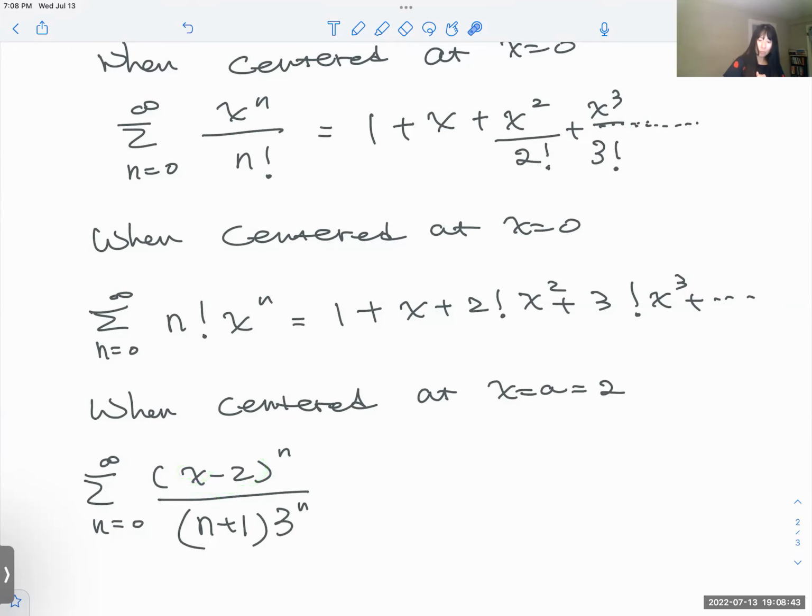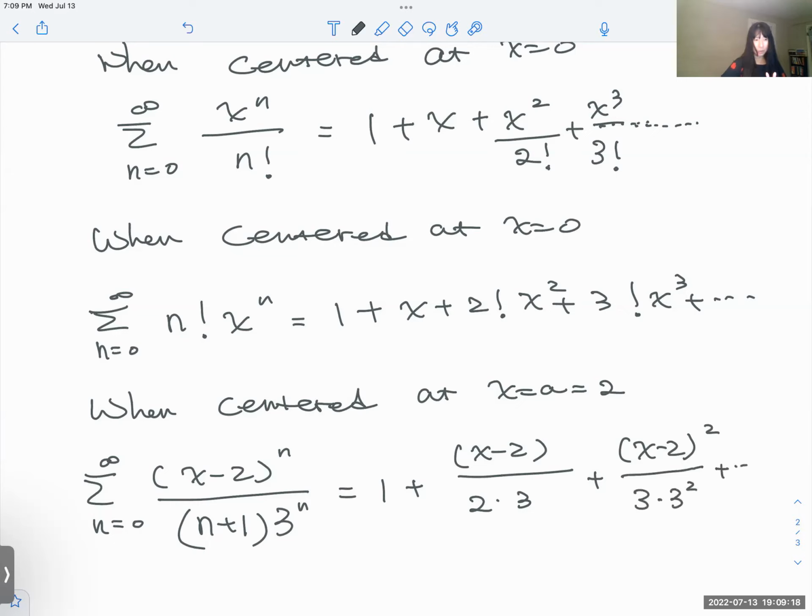It equals 1 for n equal to 0, plus when n equals 1, we have x minus 2 over 2 times 3. For n equal to 2, x minus 2 squared over 3 times 3 squared, and so on.